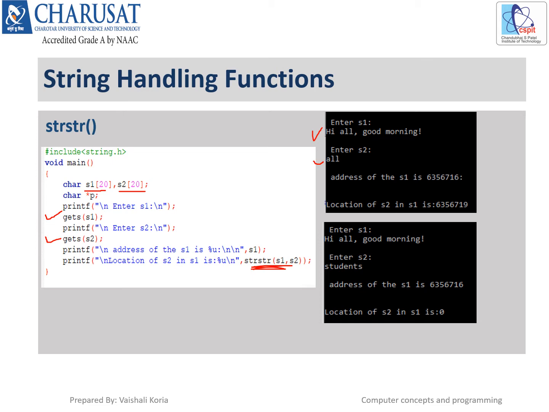To understand the output, we have used one printf here. In the printf, we have printed "address of s1 is %u", and in place of %u we have printed s1. s1 is actually an array name, and remember that an array name always contains the address of the first element.